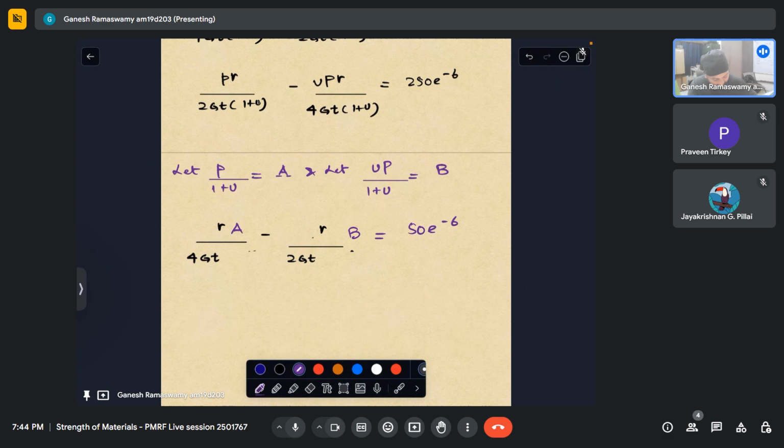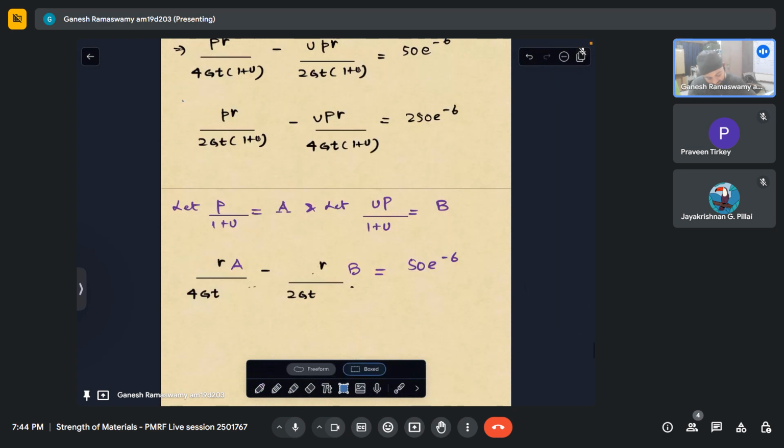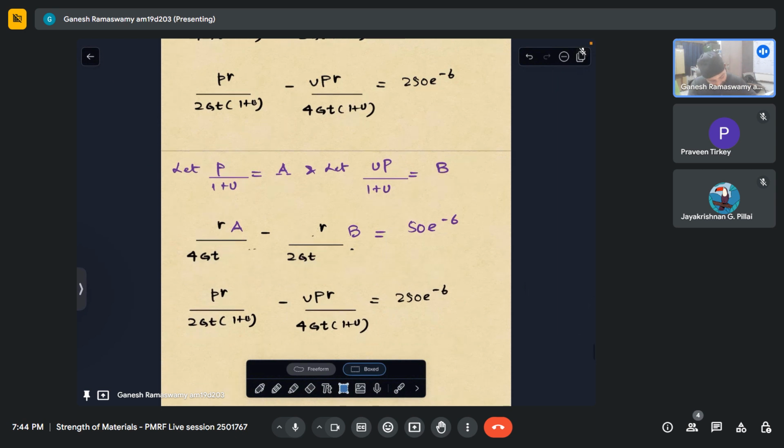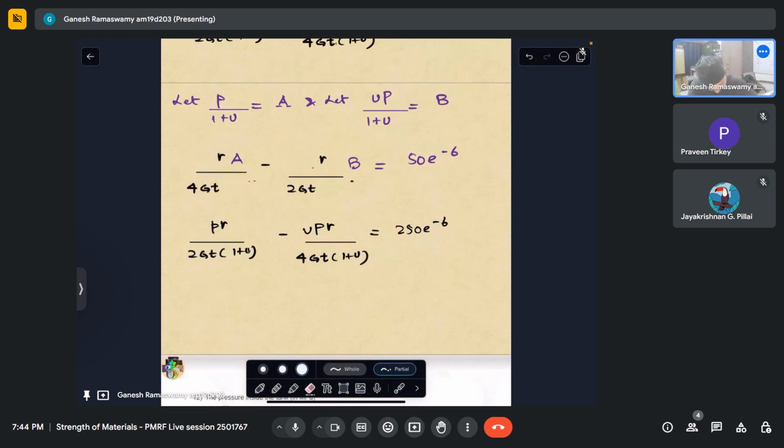Similarly, I will recast this one also. Here I can remove P and 1 plus mu and call that A. And here I'll remove mu P and 1 plus mu and call that B. I hope there is no confusion there.